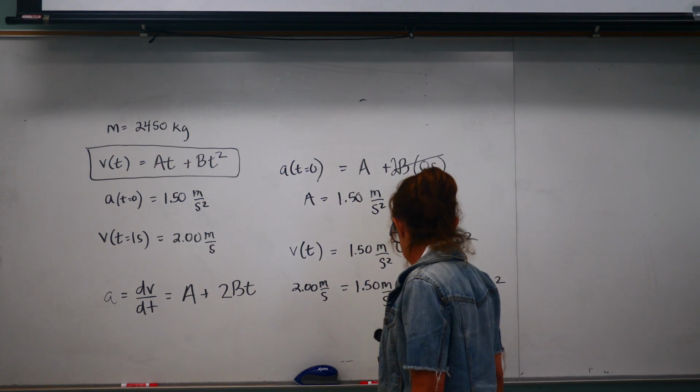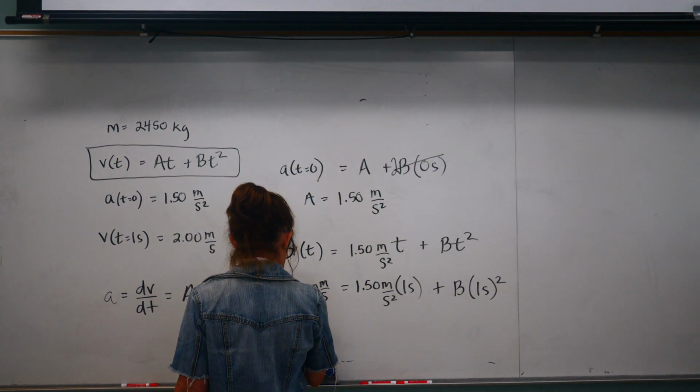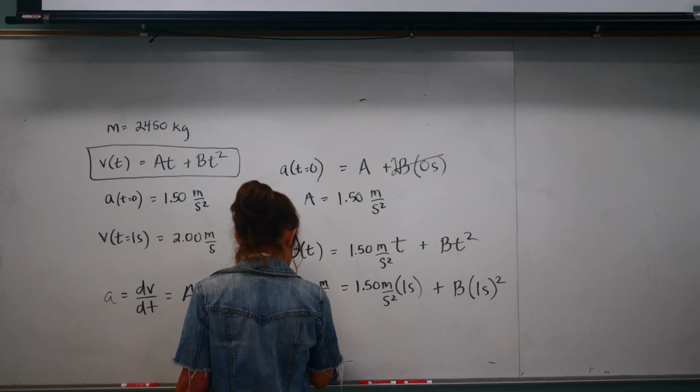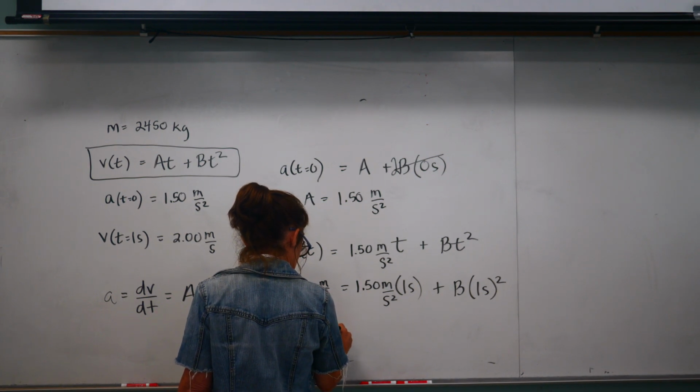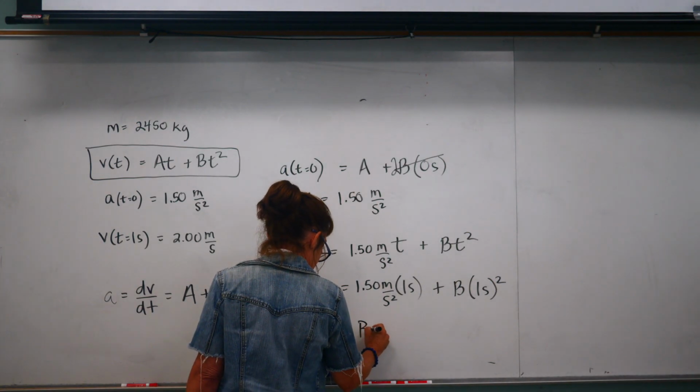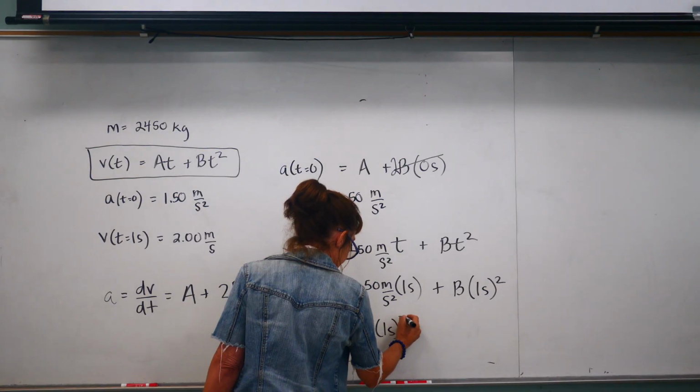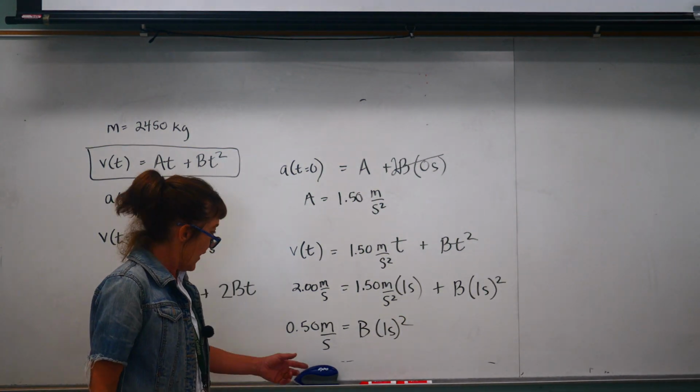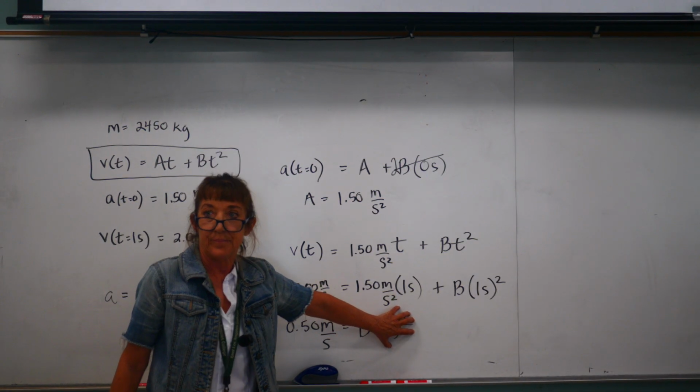So it's going to be 0.50 meters per second equals B times 1 second quantity squared.